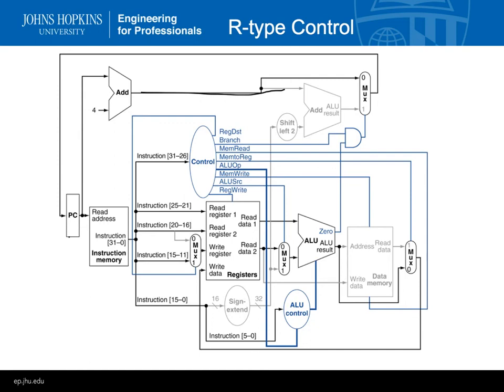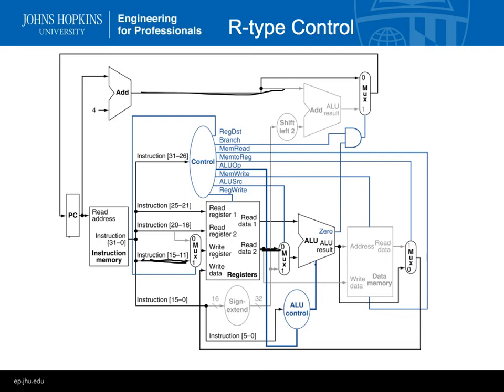Then down here, for an R type, I have to send in 2 read registers, and this third register is going to be the one I write to. This is the value that's going to get sent to the bottom input of the ALU. It's going to be from a register. I use the control unit and tell it what I'm going to do with it.